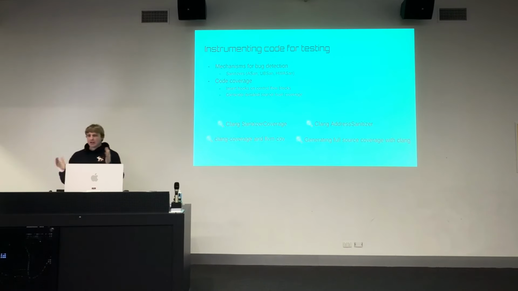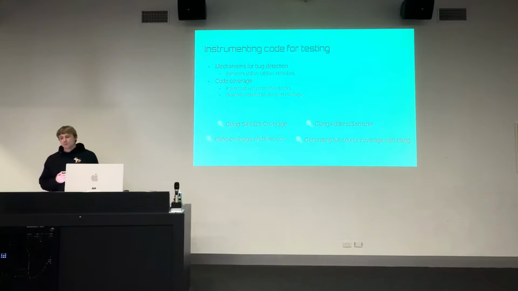So if you're performing automated testing such as fuzzing, there are two core principles: you want to exercise as much of the code as possible, or at least make sure that you're exercising specific code that you're interested in. And then you also want to make sure that you have a really high chance of catching bugs if something goes wrong. So modern C and C++ toolchains provide a lot of really cool tooling to do both of those things. One of these is AddressSanitizer.